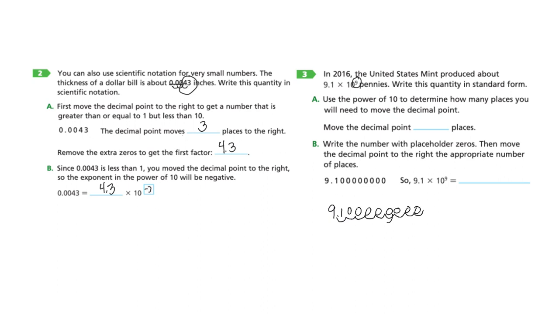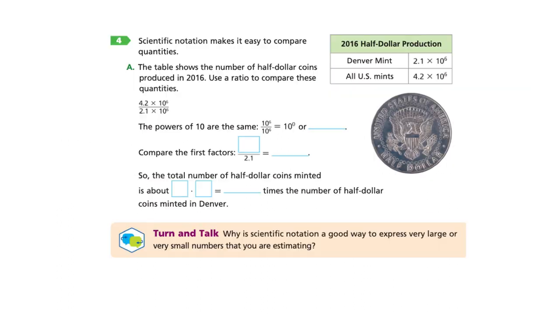And so then I can put in commas. So you move that decimal point 9 places. So 9.1 times 10 to the 9th is 9 billion, 100 million pennies.